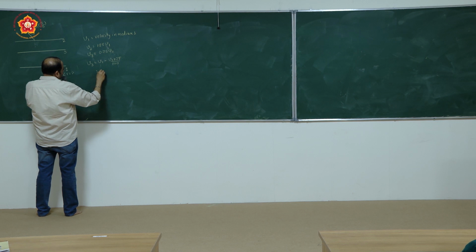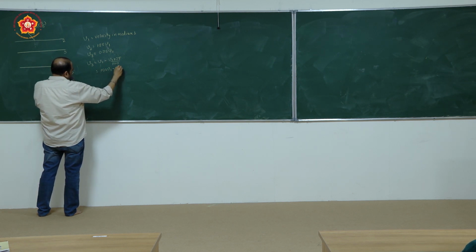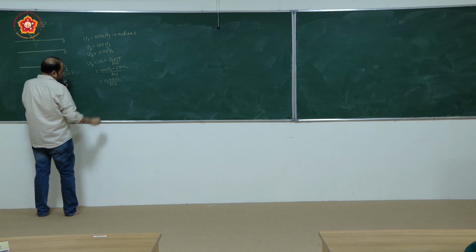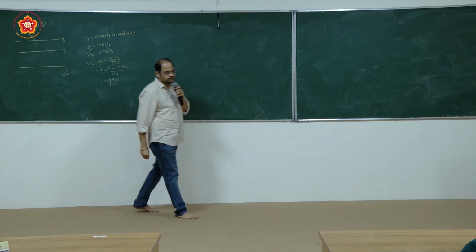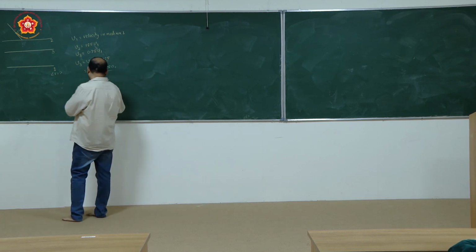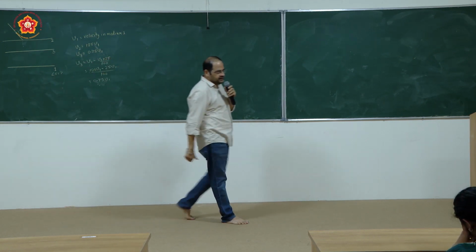So you will have 100 V1 minus 25 V1 divided by 100. So you will get this answer as 0.75 V1. Sorry, 0.75. Already divided.